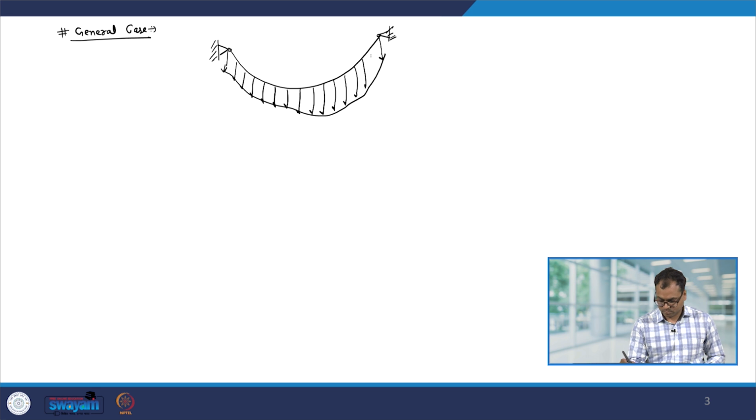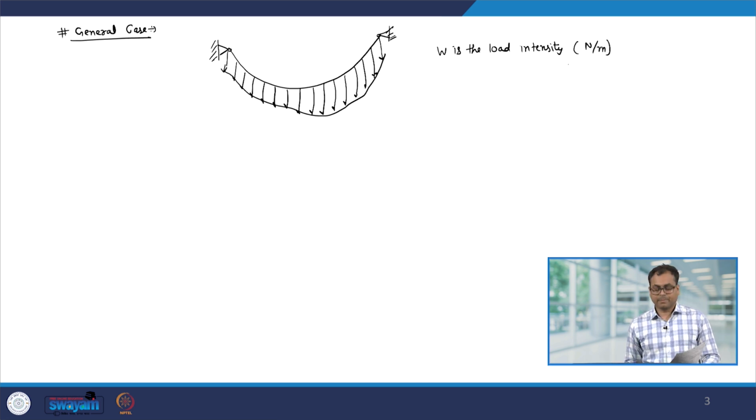Let us say W is the load intensity. So, it will be in Newton per meter unit, and of course, this W is a function of x, where x is the horizontal direction, or this W is a function of s, where s is along the cable. Okay.